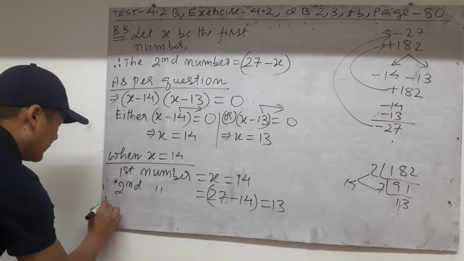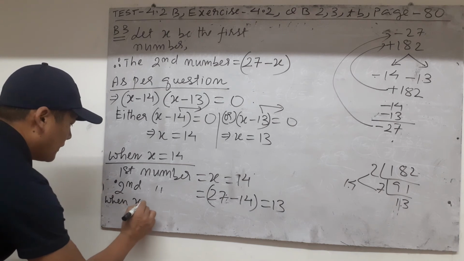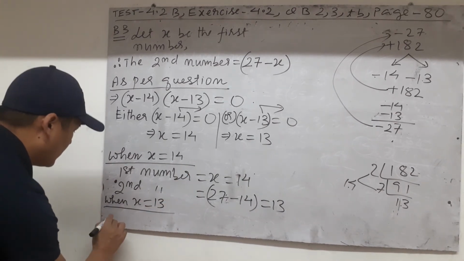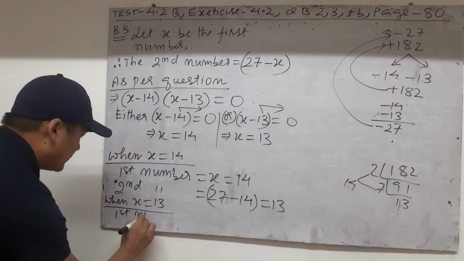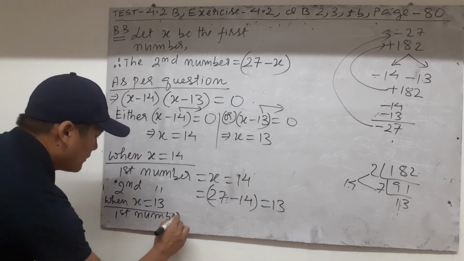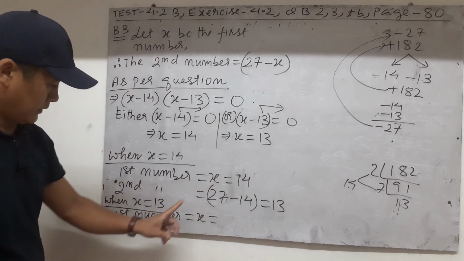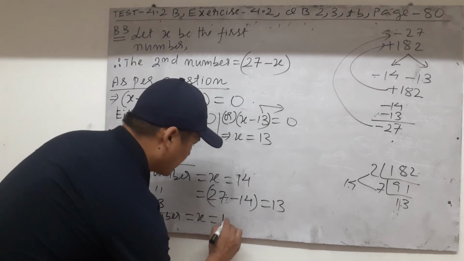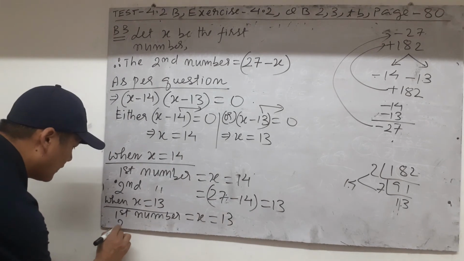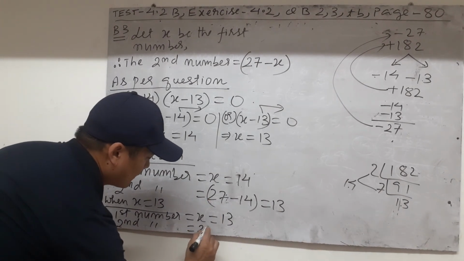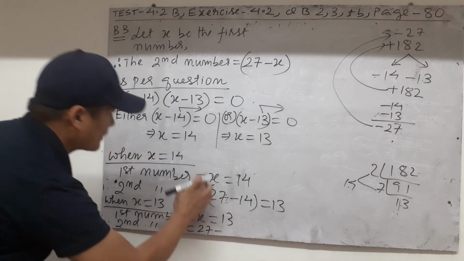Then the next possibility is when x is equal to 13, then the first number becomes equal to x, so in that case first number will be 13, and the second number will be 27 minus x.